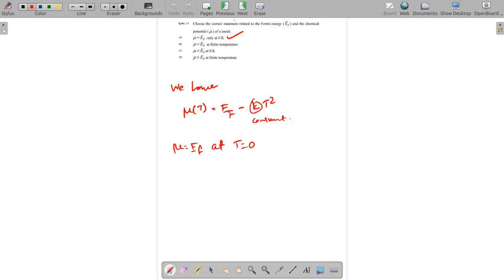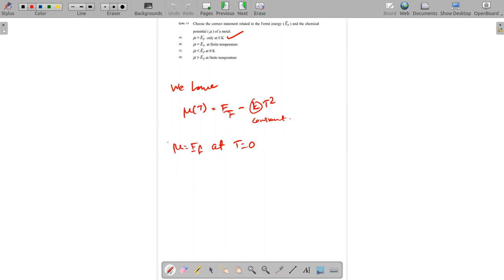Next one, choose the correct statement related to the Fermi energy and the chemical potential of a metal. For fermions, the chemical potential can be written in terms of the Fermi energy Ef and the temperature.